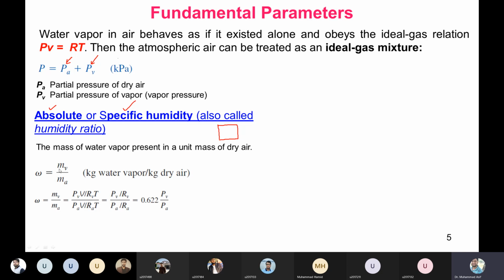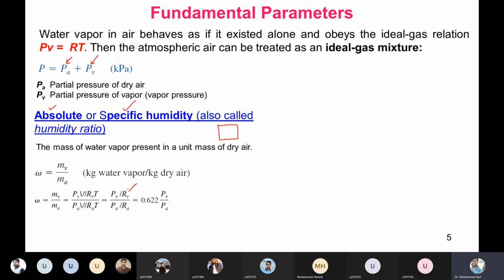If we apply the ideal gas equation, MV will be equal to PV V divided by RV T. Similarly, MA will be converted as PA V divided by RA T, since the volume in a specific room is the same for water vapors and the dry air. So if you cancel out, the remaining will be PV divided by R. So this is the gas constant for water vapors.